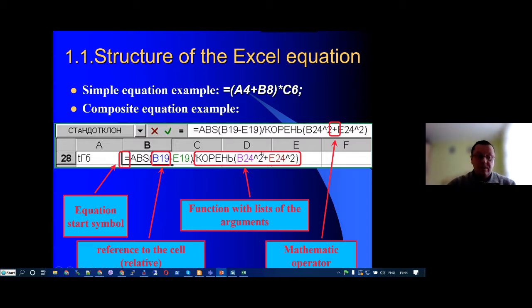As you can see here, one of the specific features of Microsoft Excel is partial localization of functions. Here we have the abs function, which is in English, and we have the square root function, which is localized in the Ukrainian and Russian version of the spreadsheet application. It's a little bit uncomfortable, but the user has to be aware of it. And also, as you can see, we can combine any necessary number of functions within a single equation.